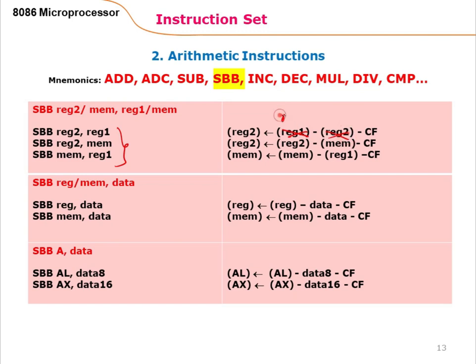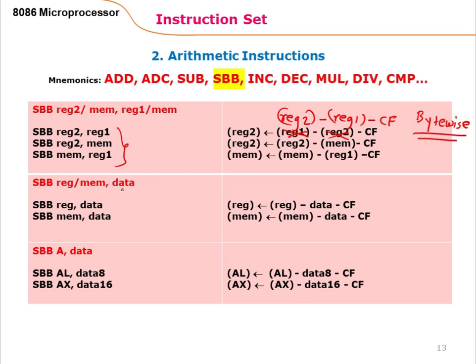So it is register 2 minus the contents of register 1, and we are considering the carry flag here. So the carry flag is set or reset in subtraction also when a borrow is generated. So this is the subtraction with borrow, and when we are doing a byte-wise subtraction, that time this is helpful.